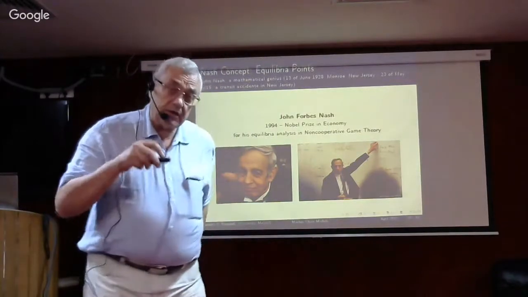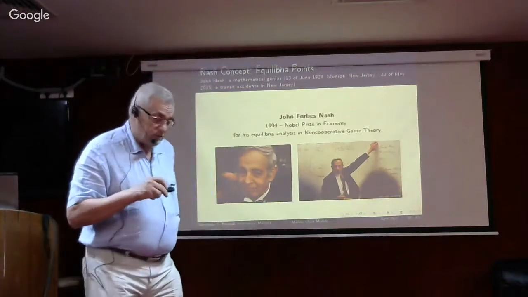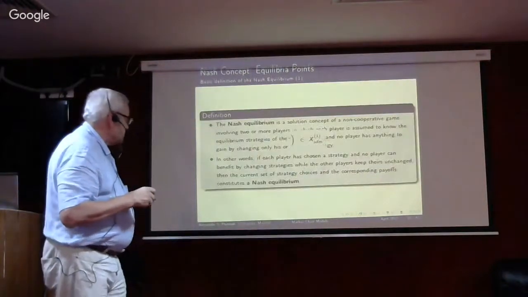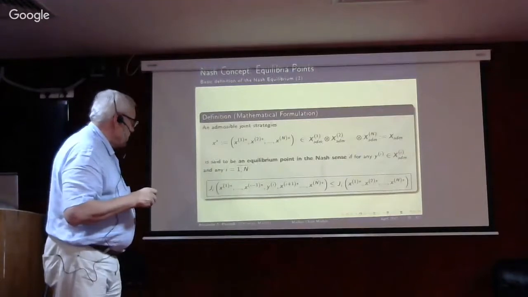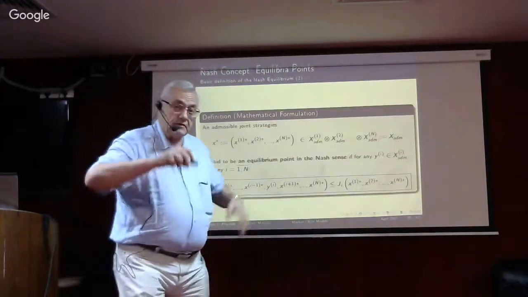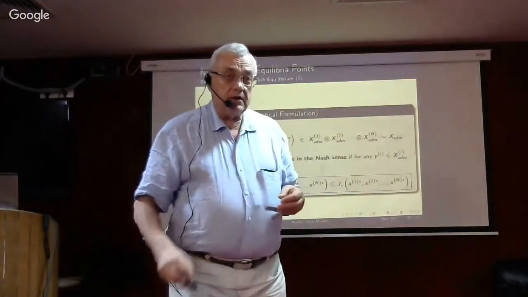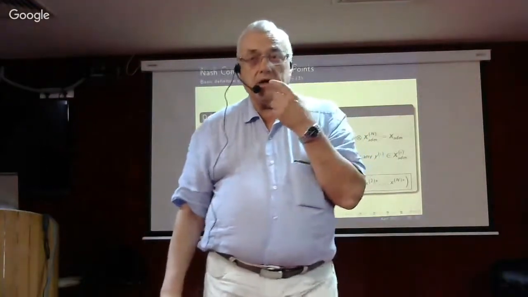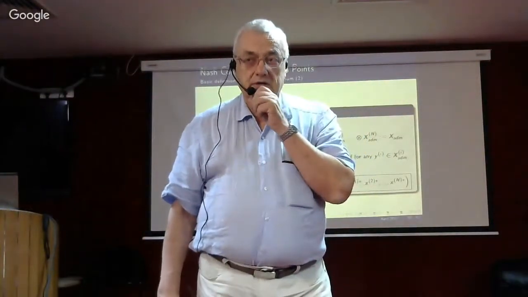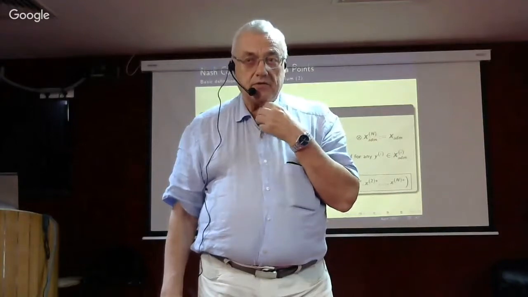It's a little bit another concept with respect to Pareto. So, Nash equilibrium. What is this Nash equilibrium? You have several participants. From my point of view, it's one of the best Nobel Prizes which was awarded.